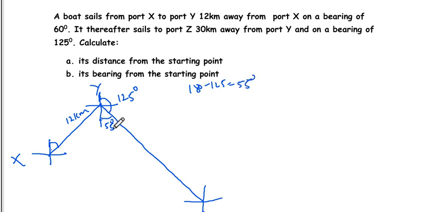So this angle here is 55. Remember, this is 60 degrees. This angle is alternate to this angle, so this angle also will be 60 degrees. So the whole of this angle Y is 60 plus 55, that is 115 degrees.